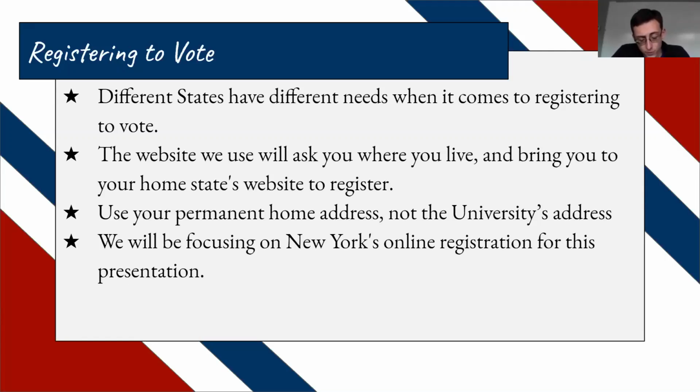You will use your permanent home address to register to vote. You will not use the address of the Niagara University campus. We will also touch base on the topic of mail-in voter registration if you are unable to do it online. The presentation will focus on how to register for the state of New York. But again, the sites we use will direct you to your local state election websites.